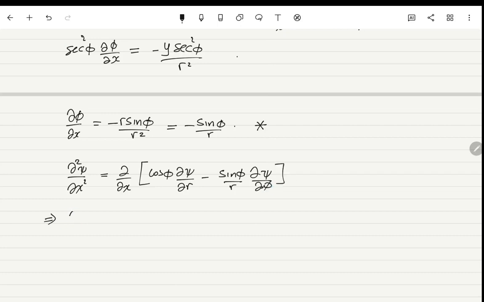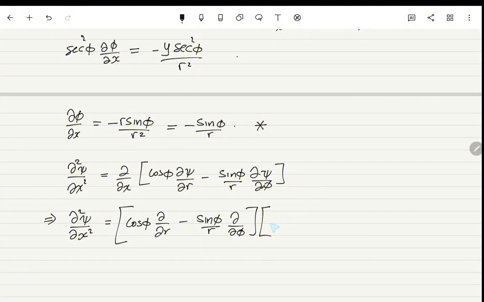Therefore, partial 2 psi partial x square equals cosine phi partial r minus sine phi over r partial phi times cosine phi partial psi partial r minus sine phi over r partial psi partial phi.